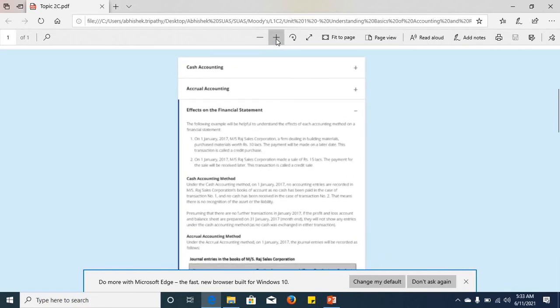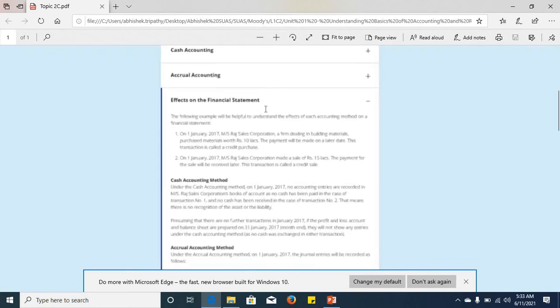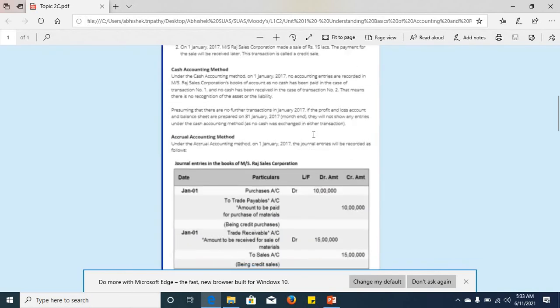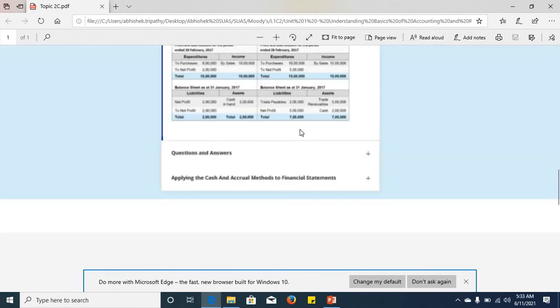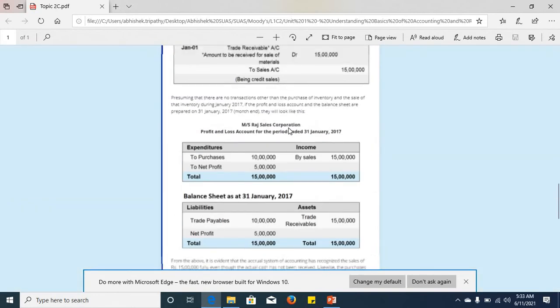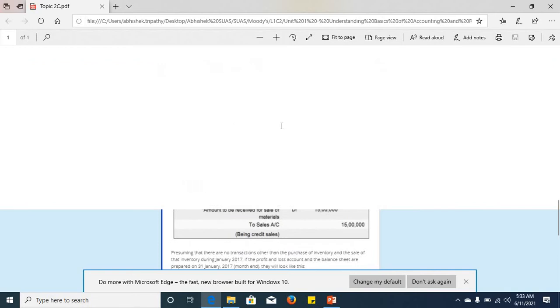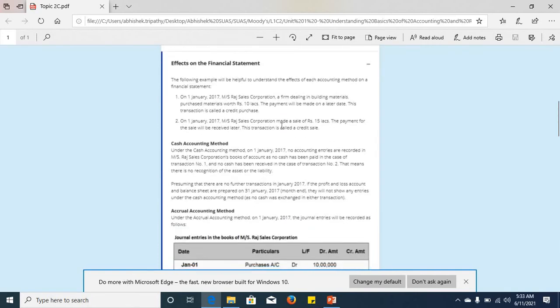Now, these are some case studies of what will happen. Right. So in cash basis, you are not recording unless and until cash flow takes place, and in accrual accounting, you record it as soon as the transaction happens.